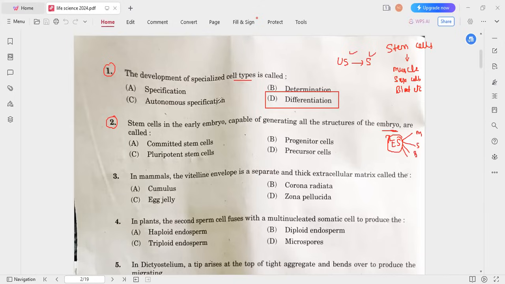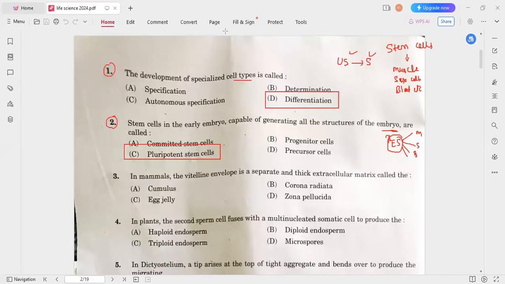The stem cells that can generate all the structures are called pluripotent stem cells, which means they can divide into more stem cells or become any type of cell in the body. So the answer for question number 2 is option C, pluripotent stem cells.